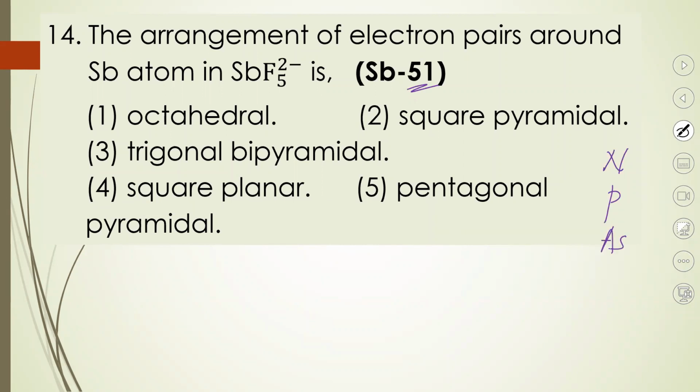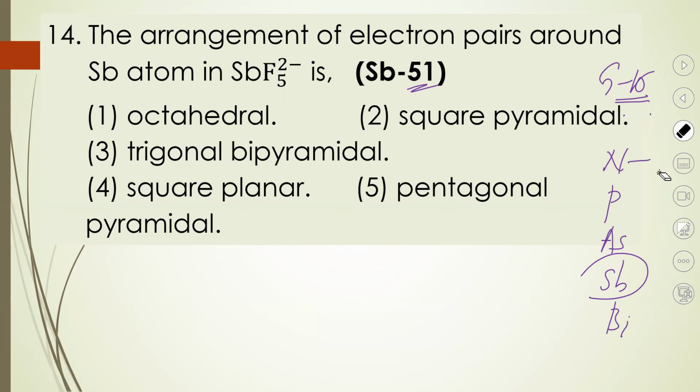If it is not given, remember, right after inorganic chemistry you may be able to find the proper place for the element: nitrogen, phosphorus, arsenic, antimony, bismuth. Antimony belongs to group 15. The element Sb in group 15 has valency 5.